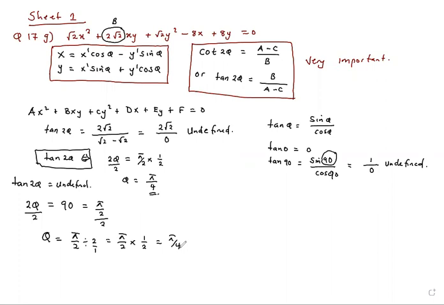So now we are saying, since x is equal to x prime cos theta minus y prime, and theta is known. Hello? So whenever we find something undefined, we're supposed to make it defined? No. We are looking for an angle.